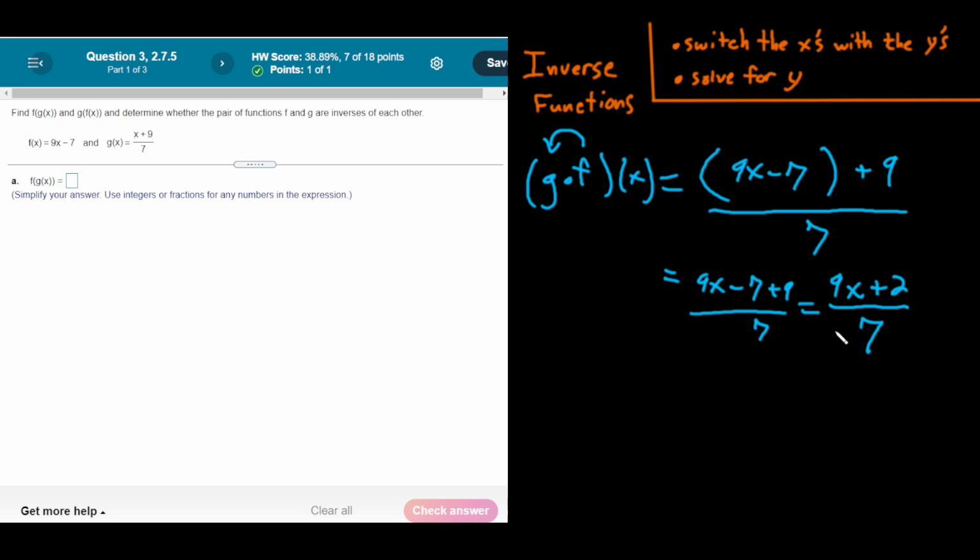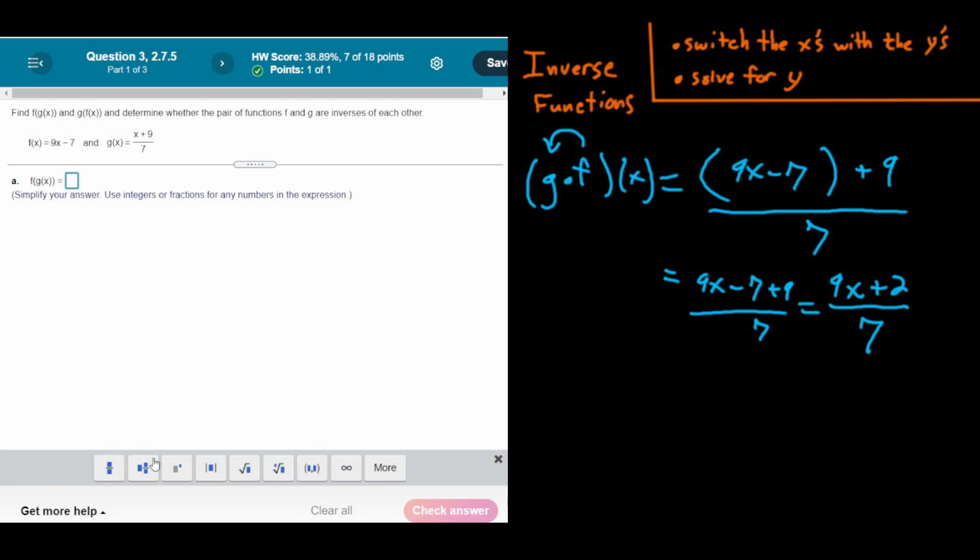Nothing cancels, right? Because nothing canceled nicely like it did last time, that's just g of f of x. So we're going to put that as our answer. So we have 9x, then plus 2, and this is going to be all over 7.